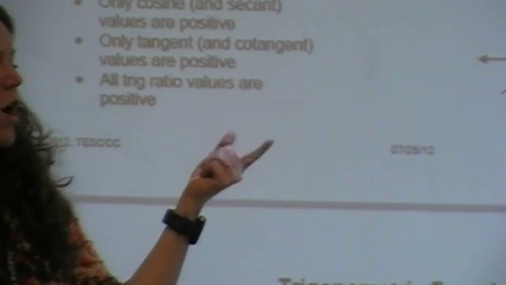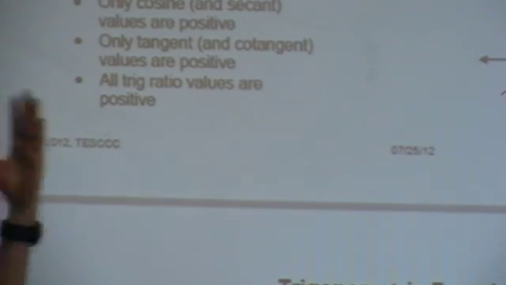Quadrant 3, tangent and cotangent are positive. And in quadrant 4, cosine and secant are positive. So that helps us keep straight, even if you forget when you make your triangle which way things go and are negative. At the very end of the problem, you can go, okay, I'm in quadrant 2, which means sine and cosecant have to be positive.